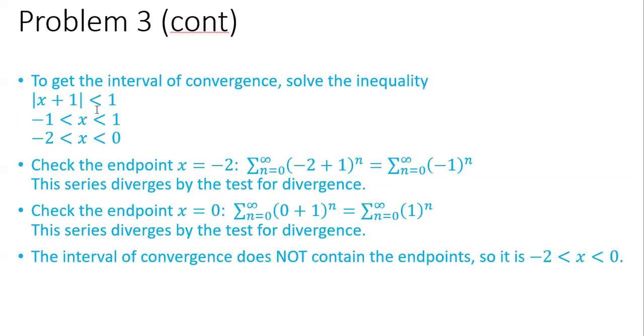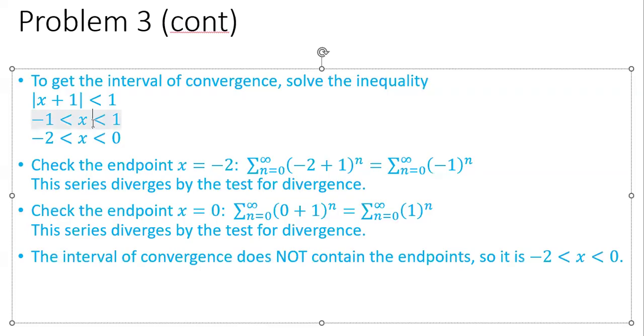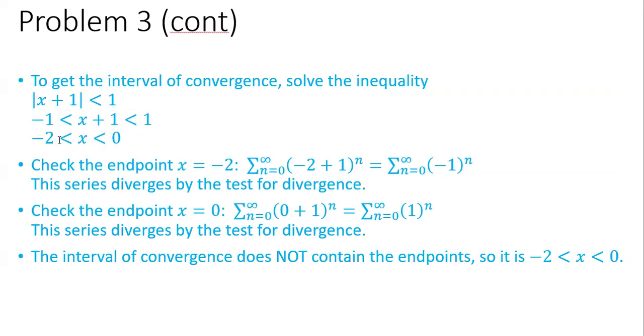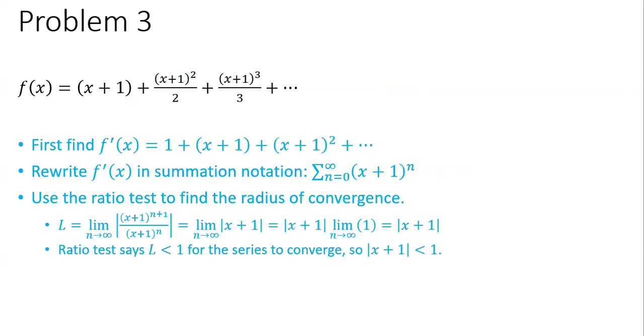We start solving the inequality. So x is between -1 and 1. Oh, sorry, this should be x plus 1 is between -1 and 1. This line is right. Okay, so x is between -2 and 0. Again, hopefully you see the radius of convergence happening. The center of the power series is x equals -1.